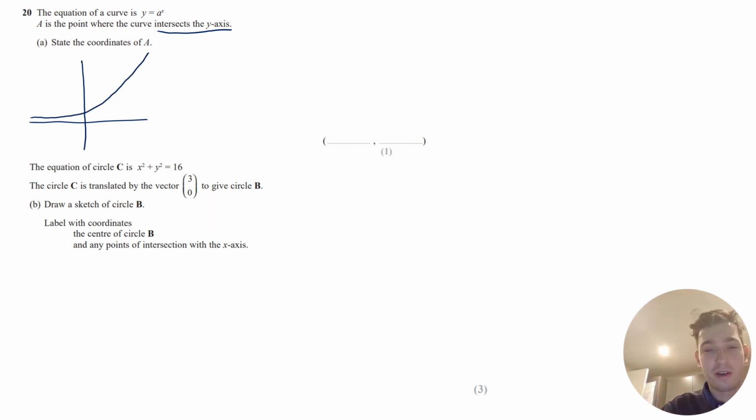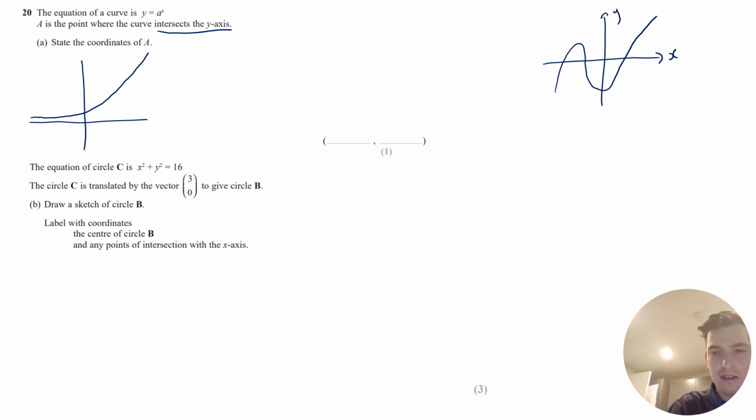Now, you don't need to know this because it doesn't matter what this graph looks like. Let's just draw a random graph here. I don't know, something like that. Now, if it intersects the y-axis, so this point here, what do you know is true at that point? Well, your x-coordinate equals 0. So if I take my equation, y equals a to the power of x, and at this point x equals 0, I've got y equals a to the power of 0.